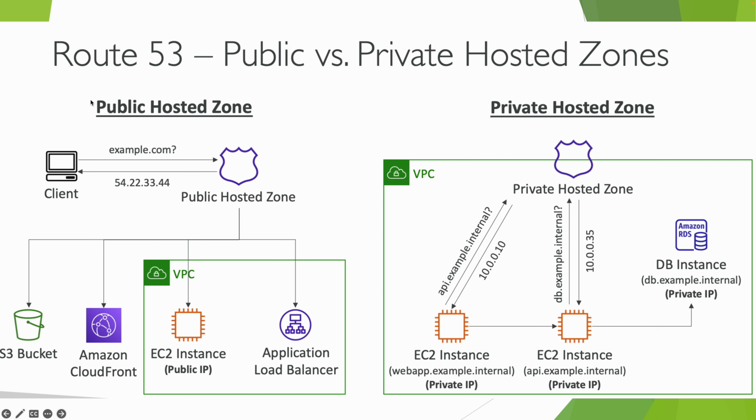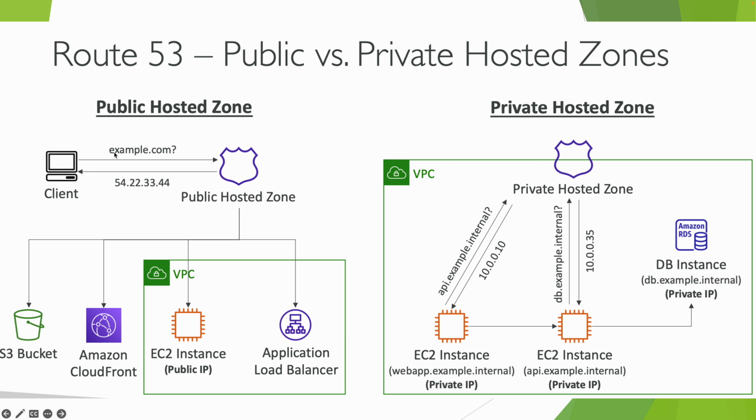First we'll see the public hosted zone, and say this is our client system, which may be your mobile or a computer, and you say I want to go to example.com, and you'll request this hosted zone. This hosted zone has some records which are entered in it, like we entered sample.com in the previous record type.